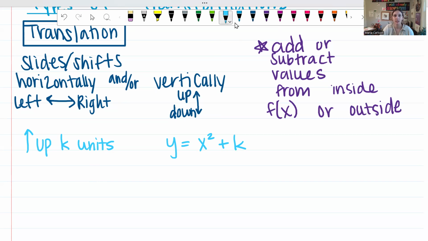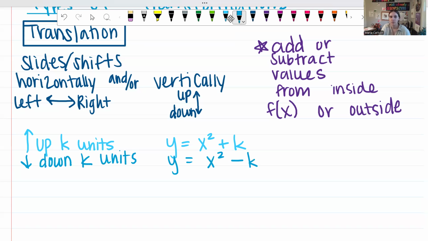If you want to go down k units, then your parent function y equals x squared, you are going to subtract k from it. So either way, if you are going up or down, you will take your f of x, your parent function, and you will add or subtract the k units that you are moving vertically.